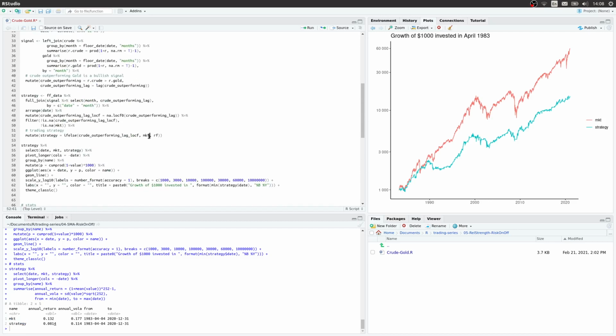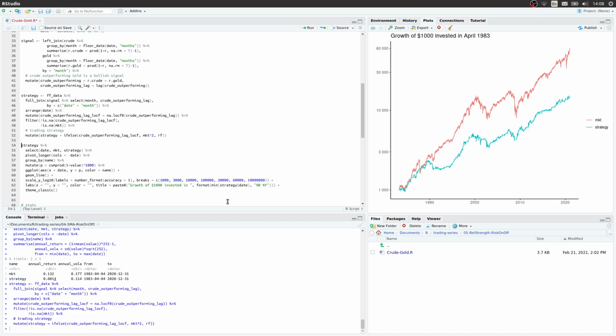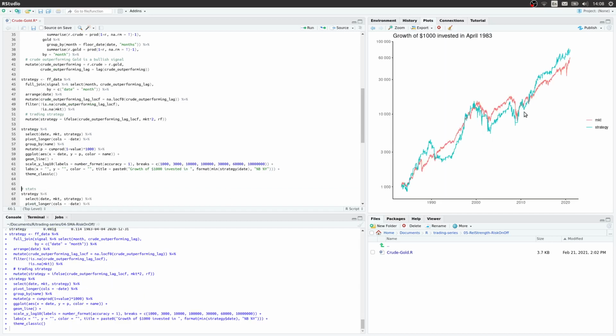So when we are invested in markets, say we got a leverage of 2. And you see that the strategy indeed outperforms the market in this path. But let's put it back to 1.